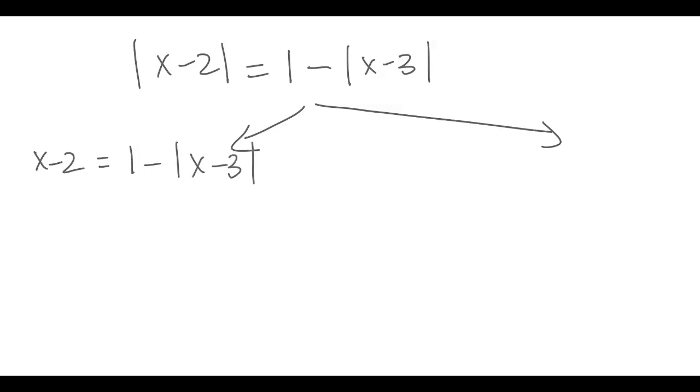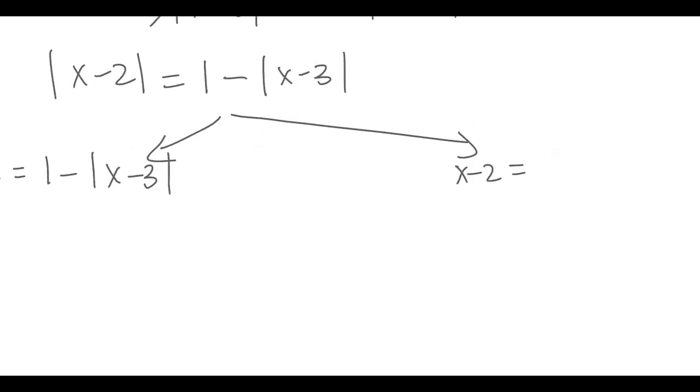Pretty easy, right? We're going to do the same thing for the other side. For the other side, though, we're going to keep the x minus 2 the same, just like we saw before. But now we need to make all of this negative. So negative parentheses, 1 minus absolute value of x minus 3.